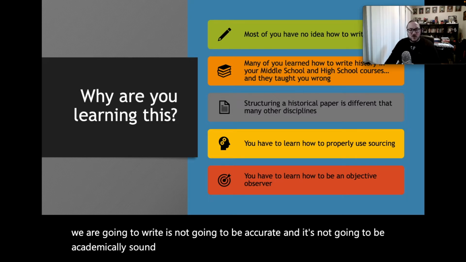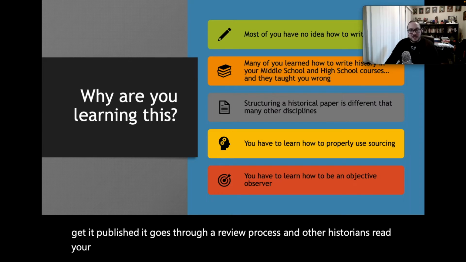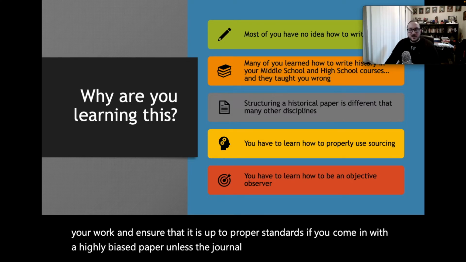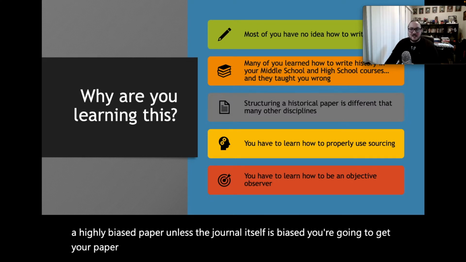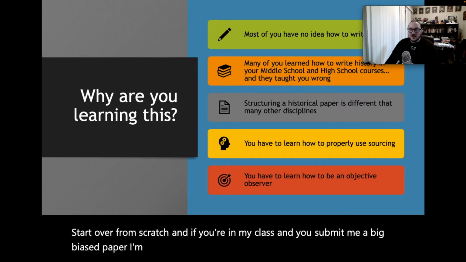Meaning, if you were to write an academic paper and get it published, it goes through a review process, and other historians read your work and ensure that it is up to proper standards. If you come in with a highly biased paper, unless the journal itself is biased, you're going to get your paper rejected, and then you're going to have to start over from scratch. And if you're in my class and you submit me a big biased paper, I'm going to note that a lot, and you're probably going to lose a bunch of points, so don't be biased.